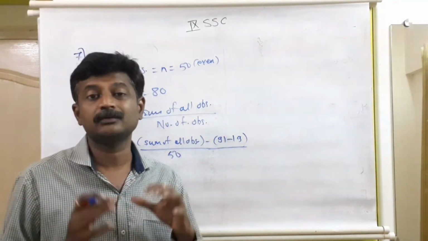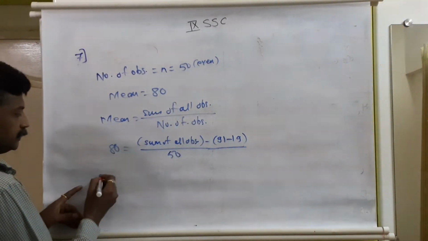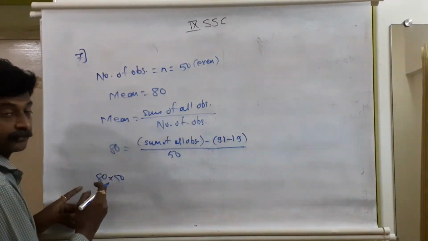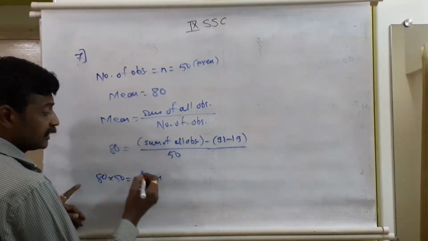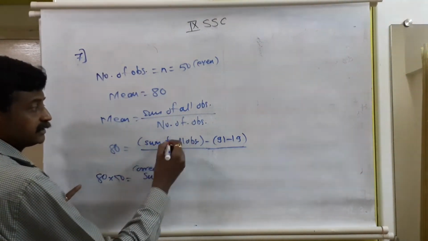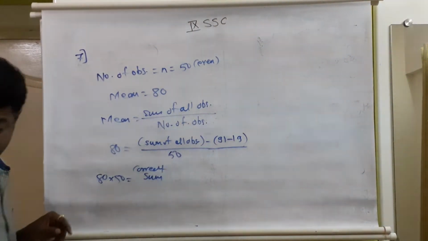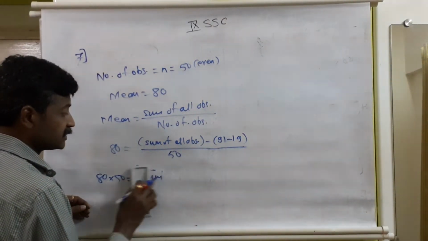So first we will find out the correct sum. The sum will be equal to product of these both. So 80 into 50, 50 will go to the other side, it will be multiplied, is equal to sum. This is the wrong sum, because the observation was taken as 91.